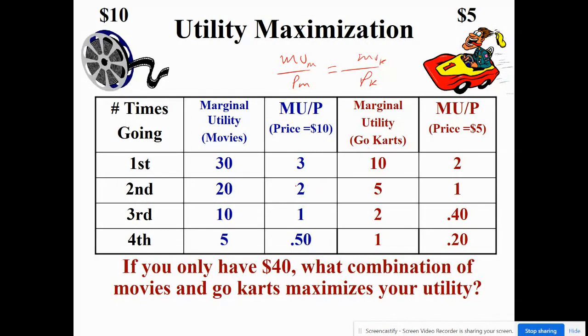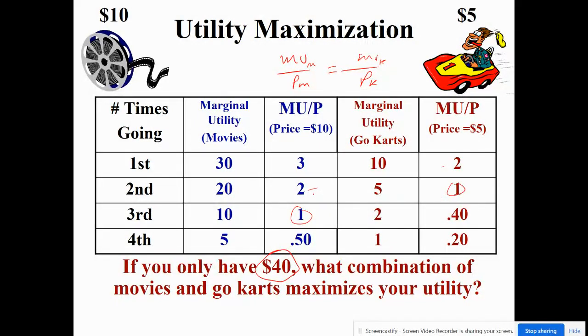The first place where they're equal is 2 and 2, but this is 10 and 20, and then 5 would be $25. But remember, the total we're willing to spend is $40. So let's go where 1 and 1 are equal.